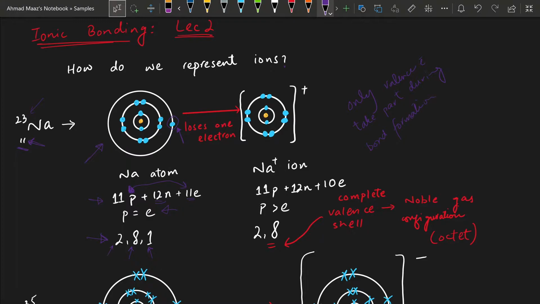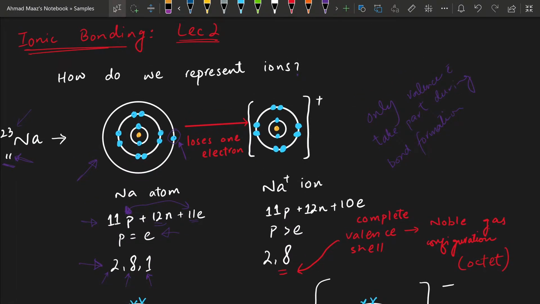Okay, now it has one valence electron. It wants its valence shell to be full. So it can either gain 7 electrons, or if it loses this valence electron, then the second shell will become the valence shell, and you can see it has 8 electrons in its outer shell, so it is already full.